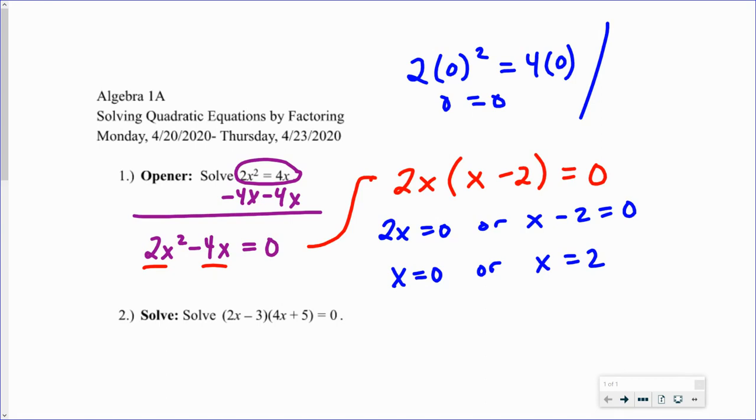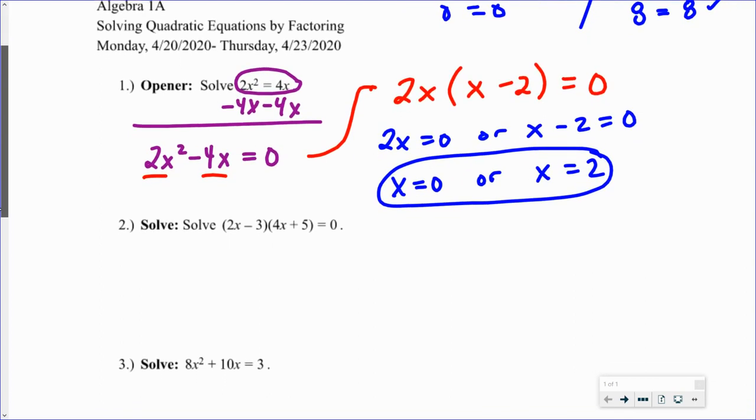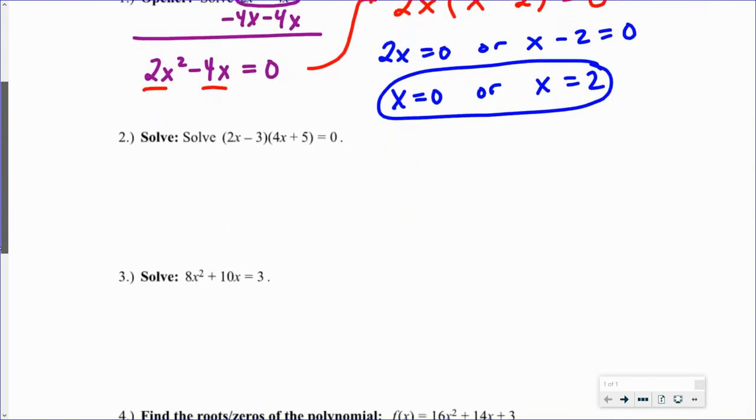And then we have that second solution, 2 times 2 squared equals 4 times 2. 2 squared is 4, so 2 times 4 is 8. And then 4 times 2 is also 8, which is a true equation. So again, the key to this is we want to make sure that we're setting the polynomial expression equal to 0 and solving so we get all the potential roots or solutions for that equation.